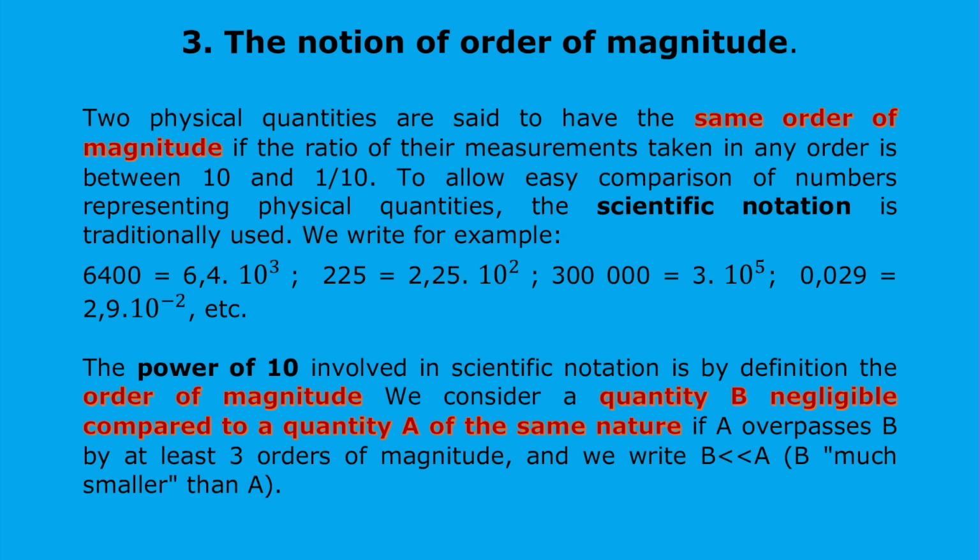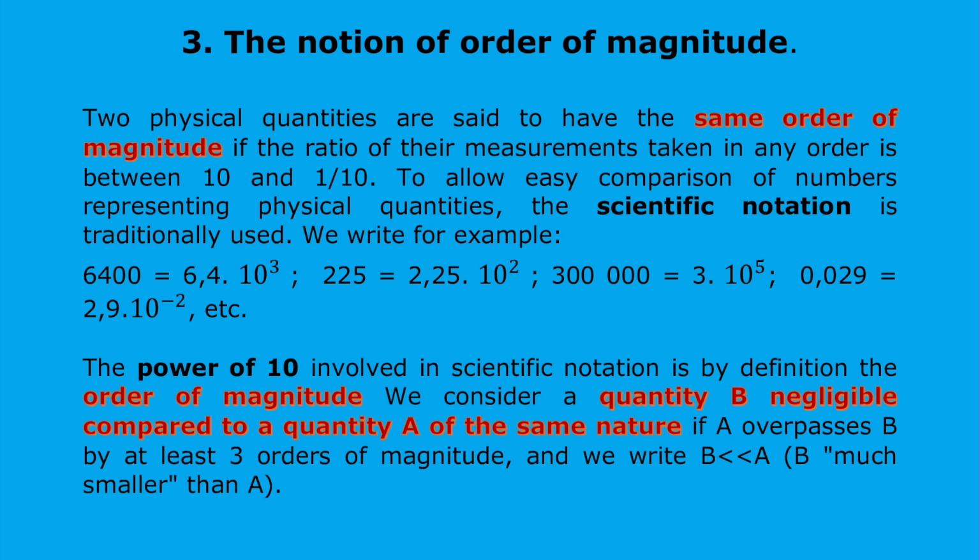We consider a quantity capital B negligible compared to quantity capital A of the same nature if capital A overpasses capital B by at least 3 orders of magnitude.